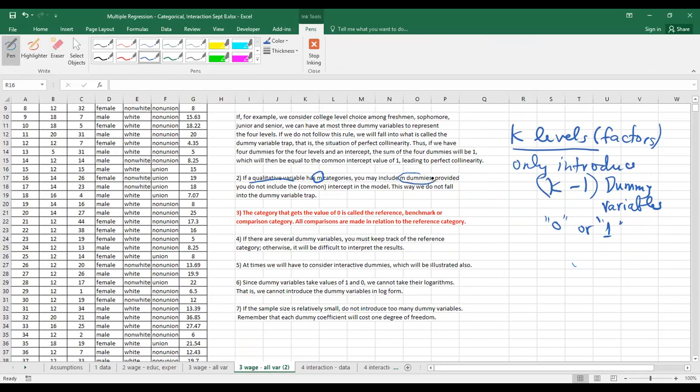Pwede rin mag-include nun. Kaso, provided that you do not include the common intercept. So, hindi tayo maglalagay ng intercept. Tatanggalin natin yung B null. Wala yung intercept. This way, we do not fall into what we call a dummy variable trap. I'll explain as we go along, guys, ano yung dummy variable trap na yan.